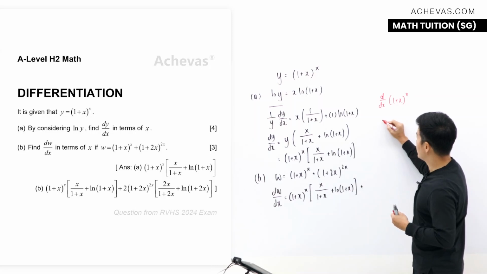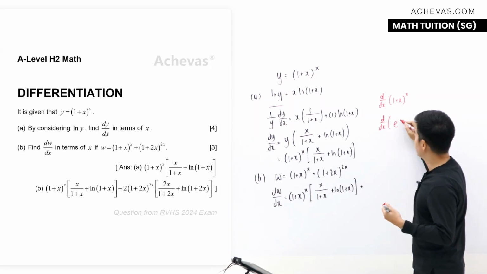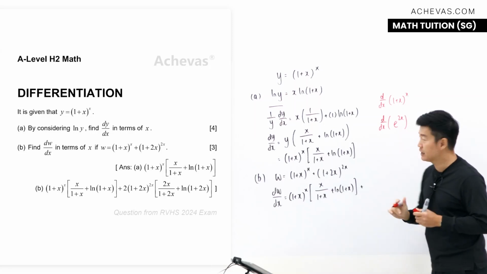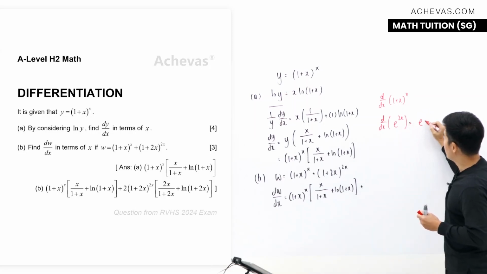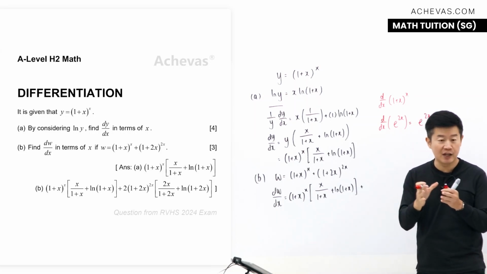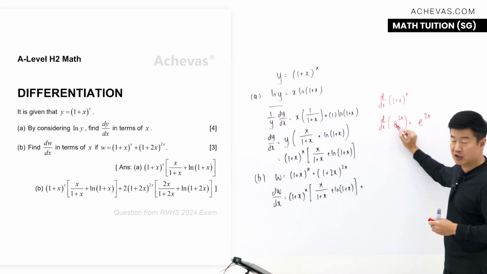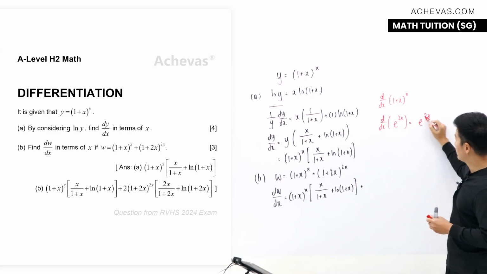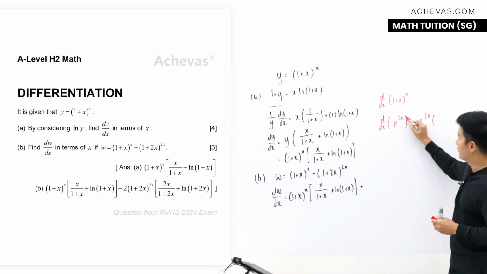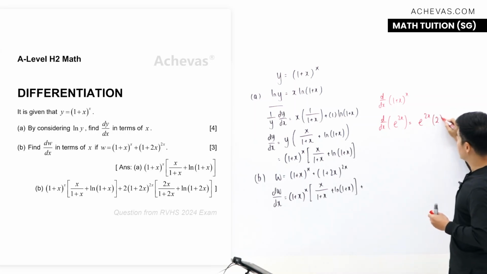For example, if we were differentiating e to the power of 2x, we first rewrite it as if differentiating e to the power of x, which gives e to the power of x, except that now x is replaced by the function 2x. So we get e to the power of 2x. Then we differentiate the function 2x with respect to x, which gives us 2.